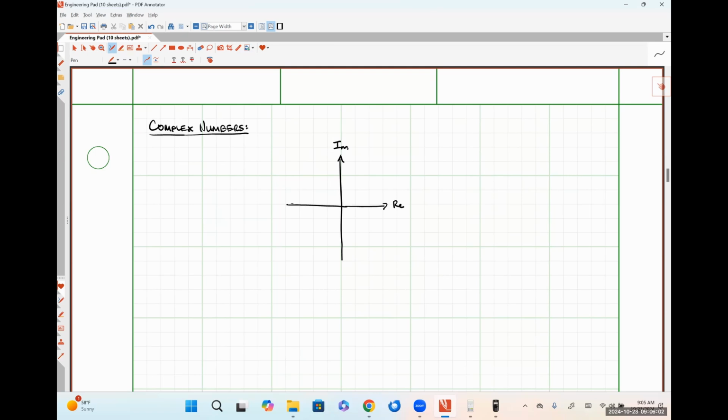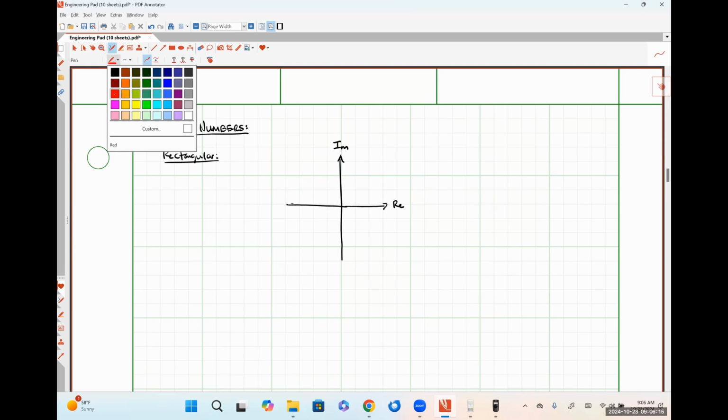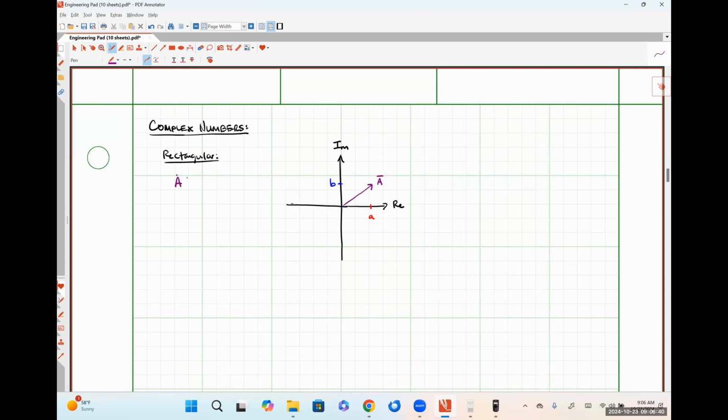So if I have a rectangular form complex number, I might go out some number of units in the real direction, which I'm going to call A, and some number of units in the imaginary direction, which I'm going to call B. And so my complex number, capital A with a bar over it, would simply be A plus jB in rectangular form, right?